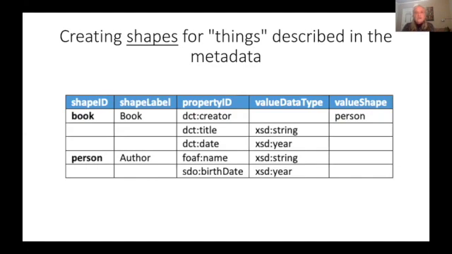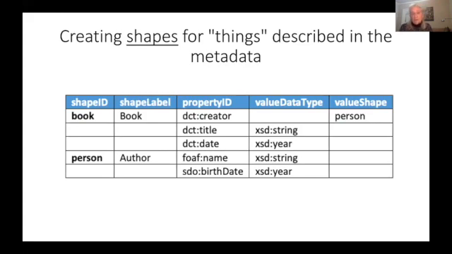In many cases in your metadata, you're talking about more than one thing. The simplest metadata, as I said, may be just a list of properties, but oftentimes you want to talk about multiple things that relate to each other in your metadata.